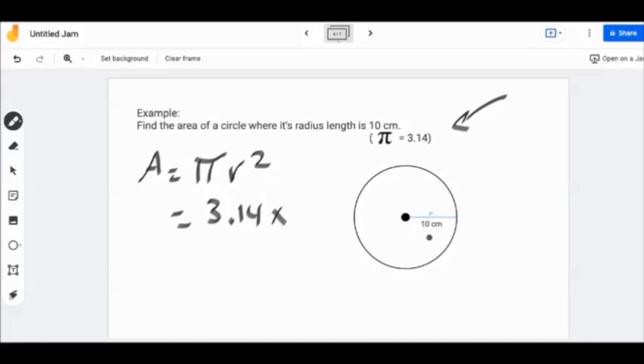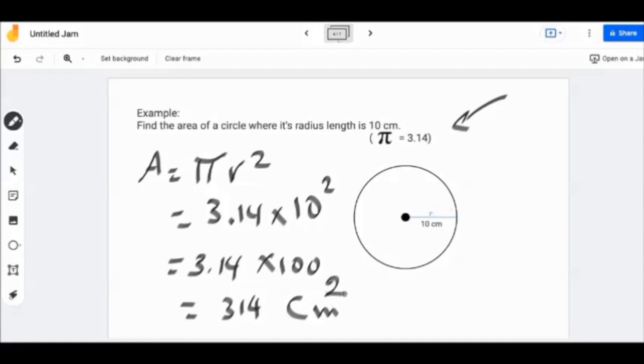The length of the radius is 10 centimeters, so we will multiply 3.14 by 10 squared, which is equal to 100. 3.14 times 100 equals 314 centimeters squared. This is how to find the area.